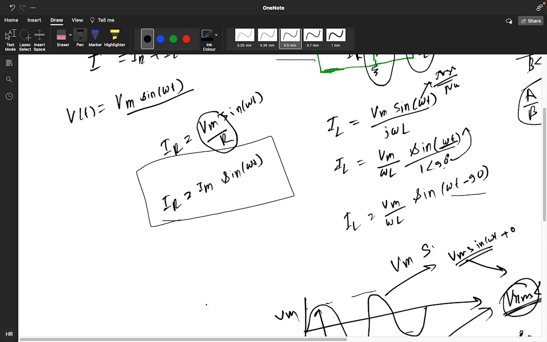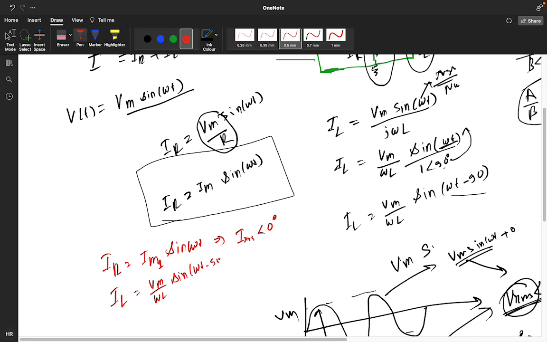So actually we are getting IR equals Im sin omega t. This can be written as IRMS1 at an angle 0 degree, and you are also getting IL equals Vm by omega L sin omega t minus 90 degree.